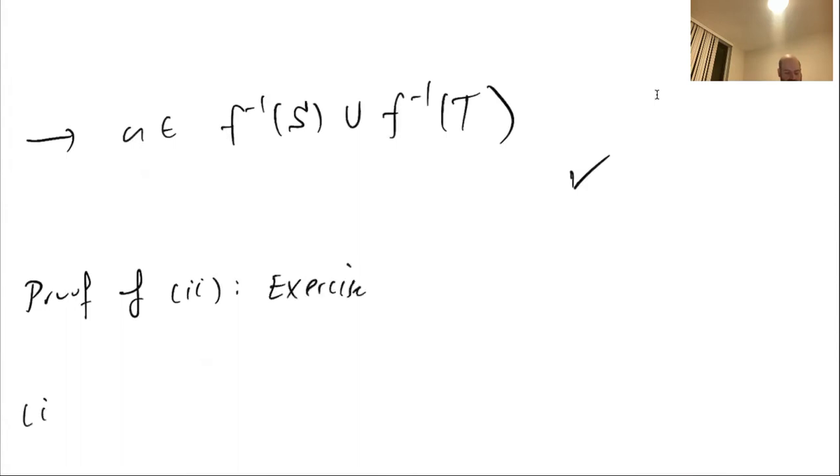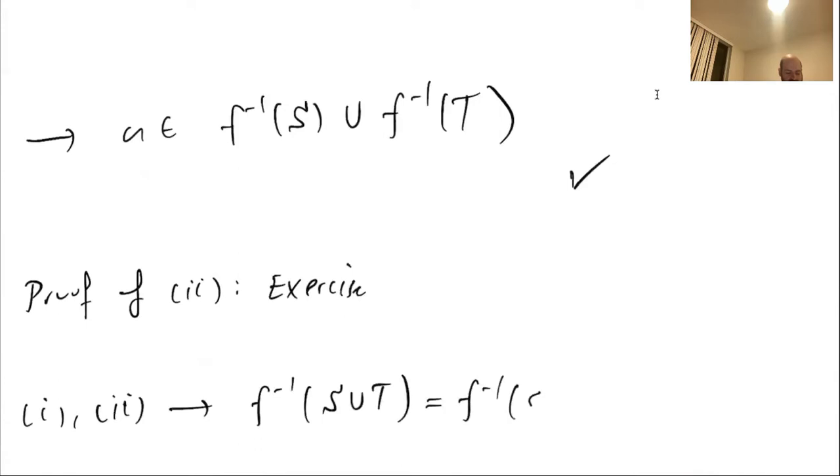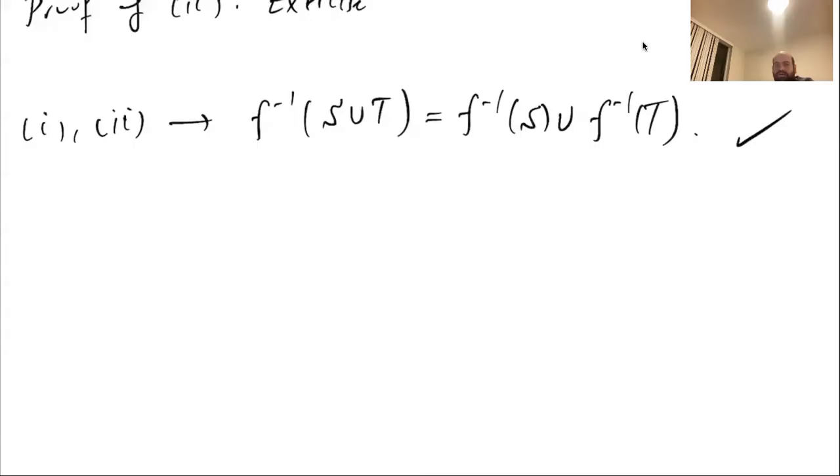And 1 and 2 together will imply that f inverse of S union T equals f inverse of S union f inverse of T. Okay, next question. Question 18.